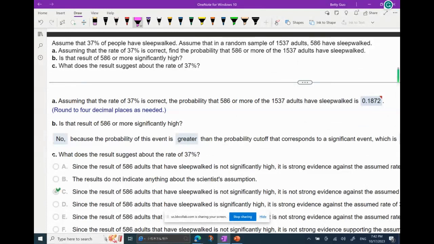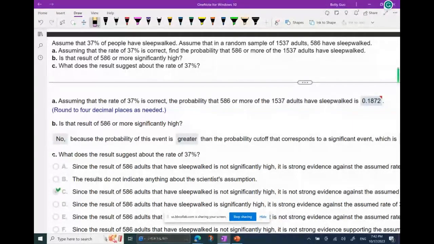So that gives us a sample proportion here. Part A, assuming that the rate of 37% is correct, find the probability that 586 or more of the 1537 adults have sleepwalked. Is that result significantly high? What does the result suggest about the rate of 37%?